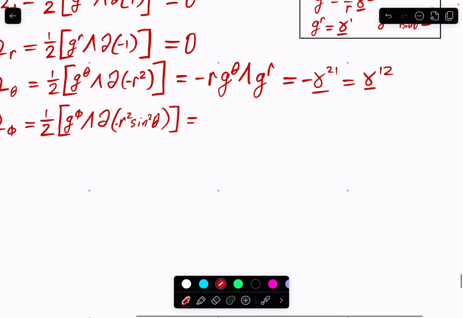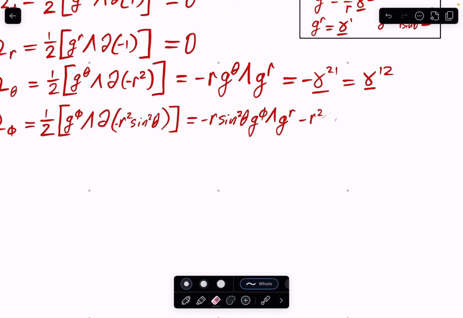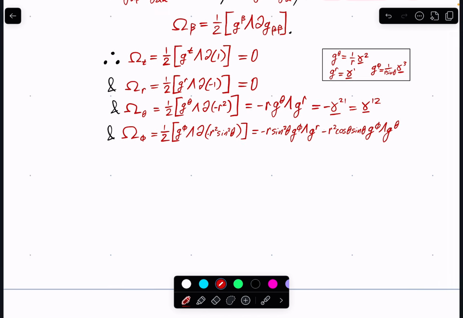So it's just going to give us minus r sine squared theta g^phi wedge g^r, and minus r squared sine theta cosine theta g^phi wedge g^theta.